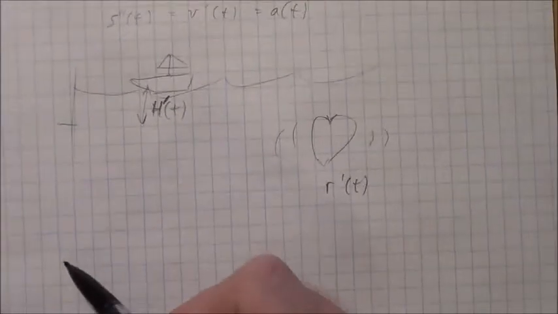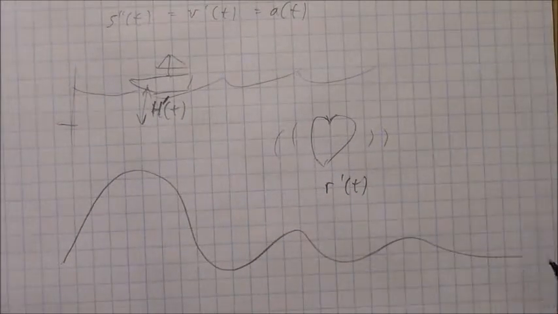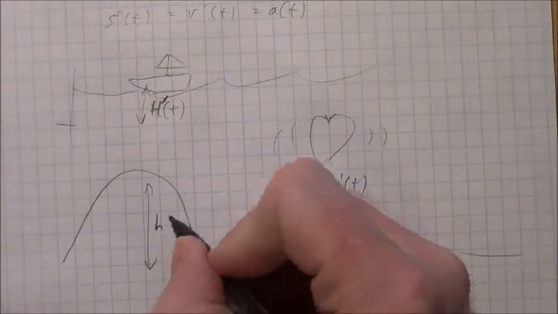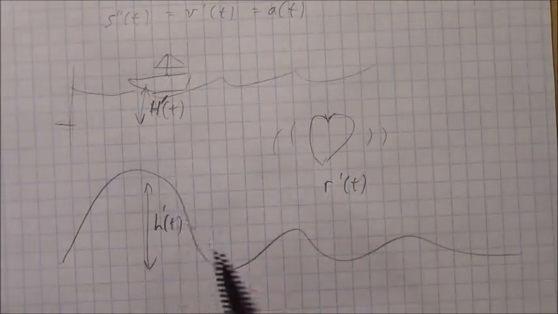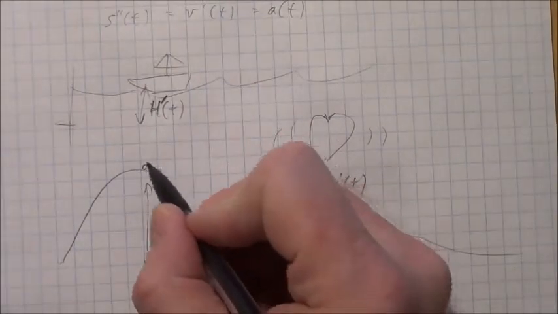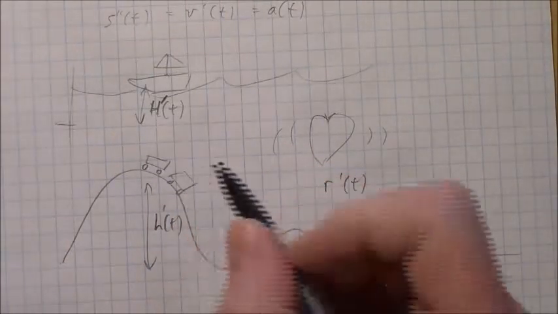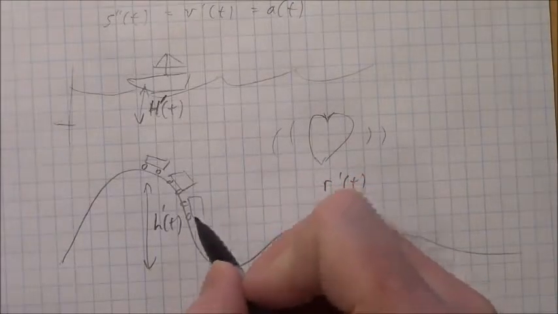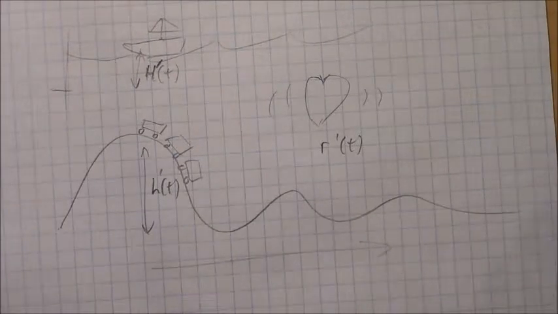So we could have some sort of roller coaster like this, very boring and basic. And so we could take a look at the change in height as the person goes down the hill, but we're looking at the height with respect to the horizontal distance that it moves along the track.